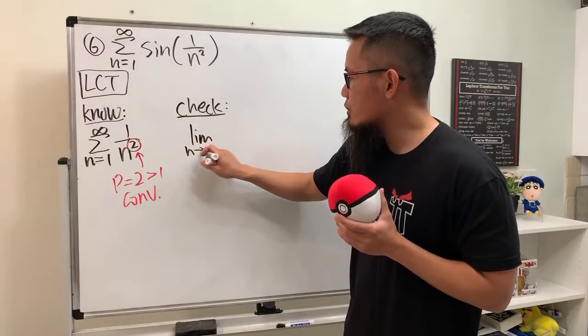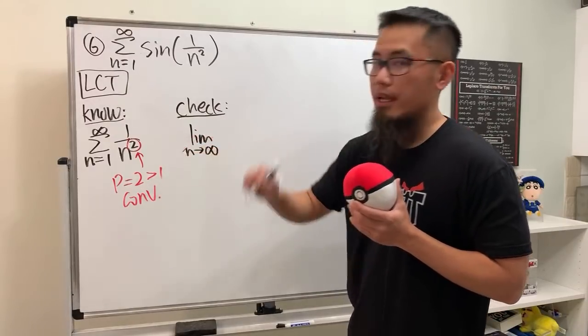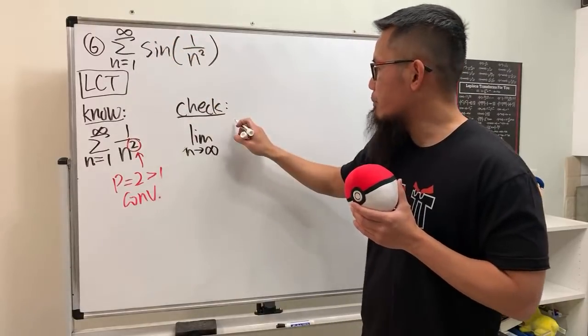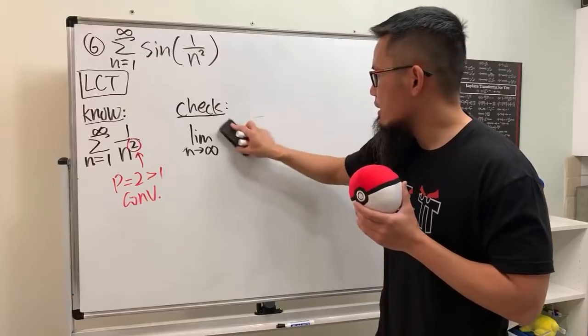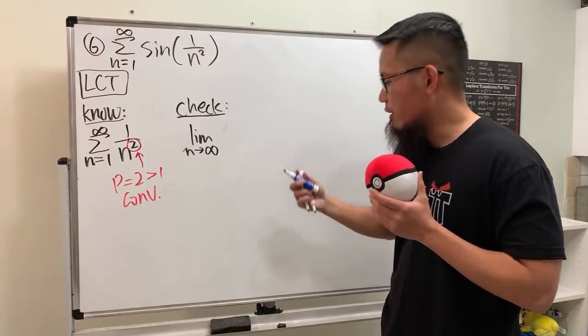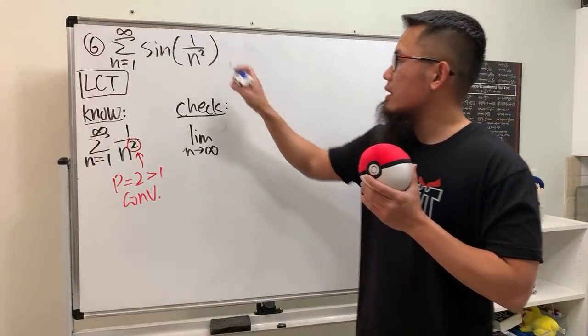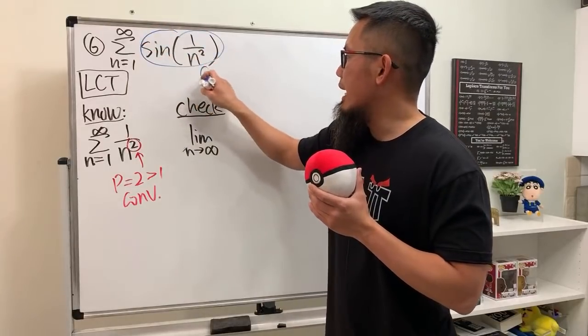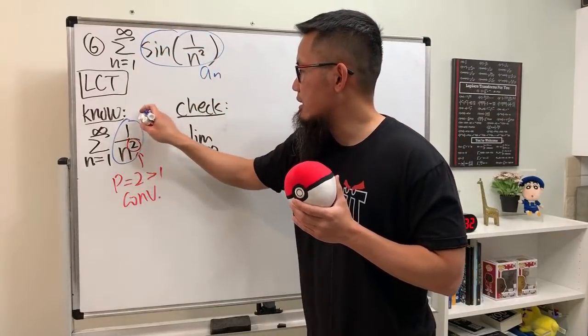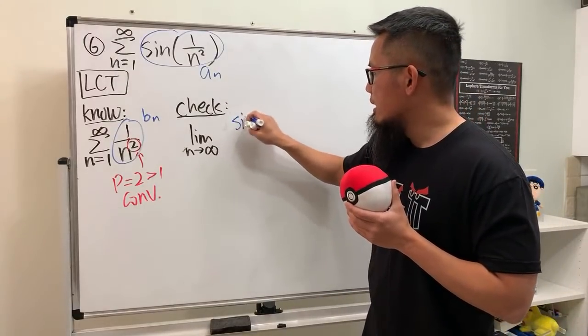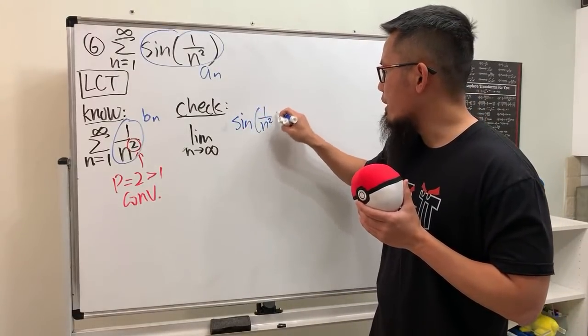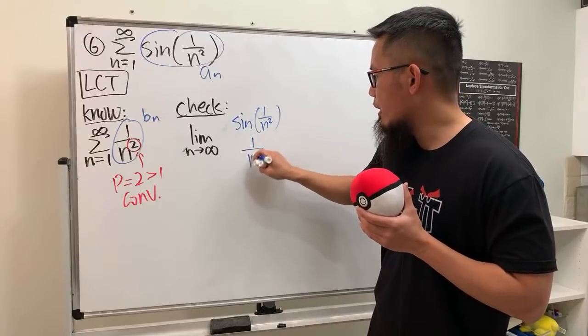As n goes to infinity, put down on the top sine of 1 over n squared. Remember, this thing is the a_n, and this thing here is the b_n. So we put down a_n over b_n: sine of 1 over n squared over 1 over n squared.